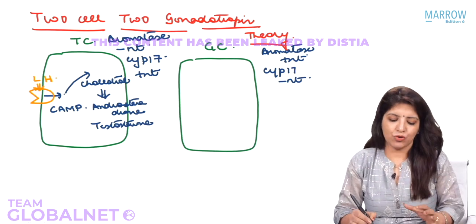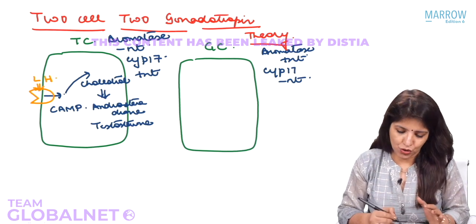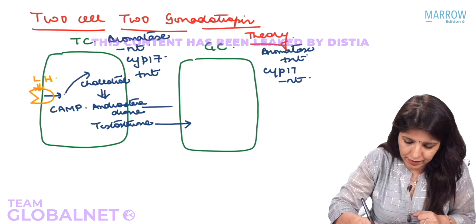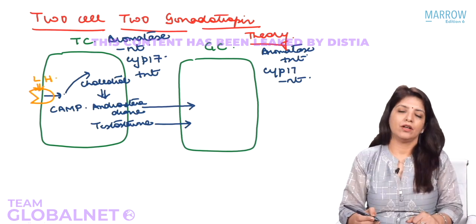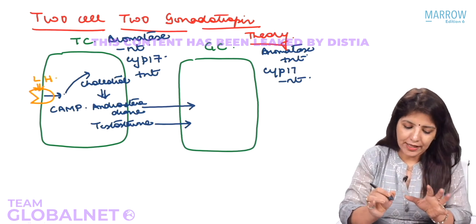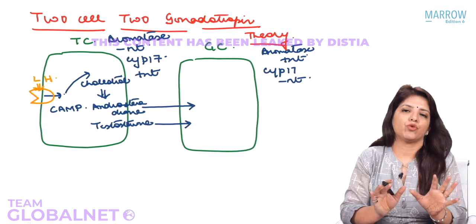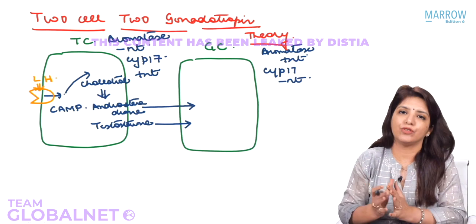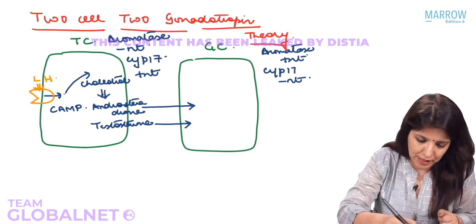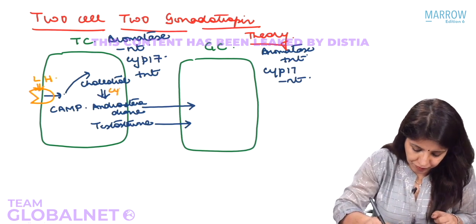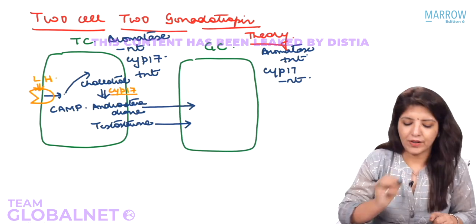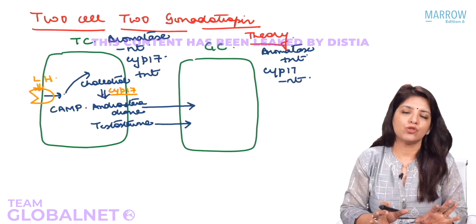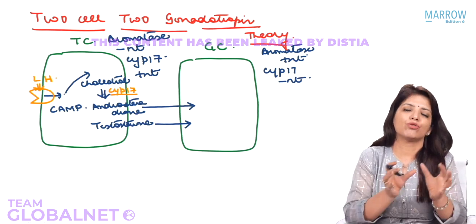Now, these androstenedione and testosterone, both of them, will go into the granulosa cell. The main enzyme needed for the cholesterol to get converted into any of these was CYP17. That was the main enzyme. Because theca cells have CYP17, they are able to manufacture androgens.